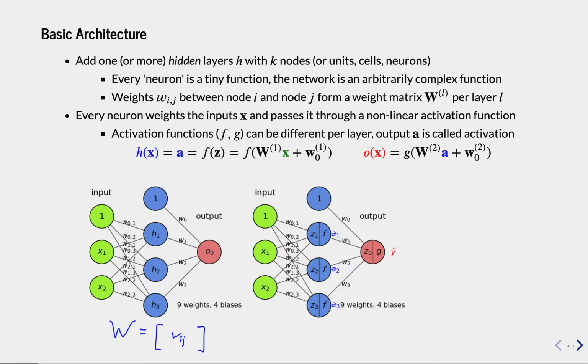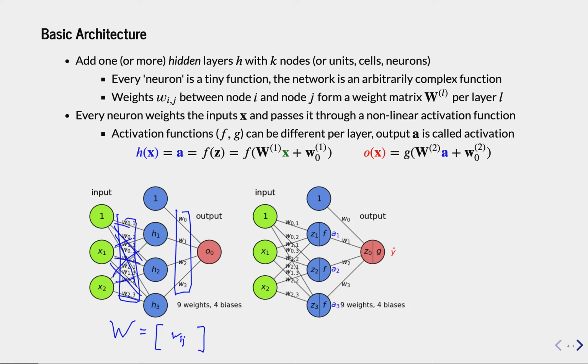Right? So all of these connections together, they form a matrix, and we keep a matrix of all the weights of all these connections. And every layer has one of these weight matrices. In this case, it's only 2D because you have one output node, but it doesn't have to be. You can also have many output nodes. So this will always be, in general, a matrix.